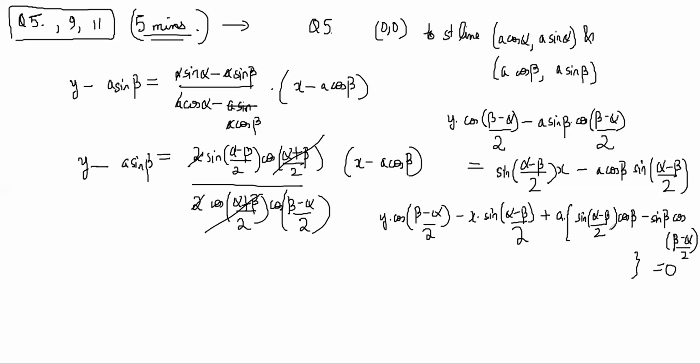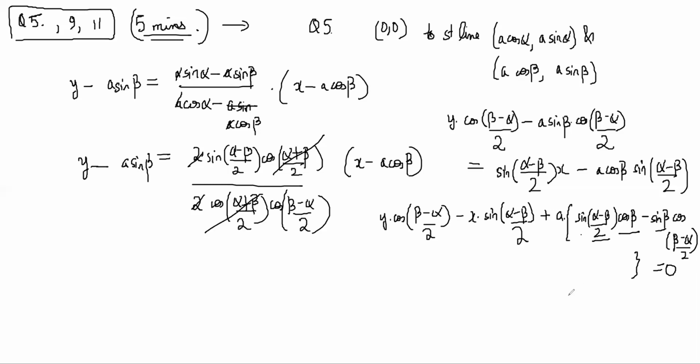If you notice here, this cos beta minus alpha by 2 can be written as cos alpha minus beta by 2, right? Because cos of minus theta is same as cos theta. So this is sin a cos b minus sin b cos a, right?